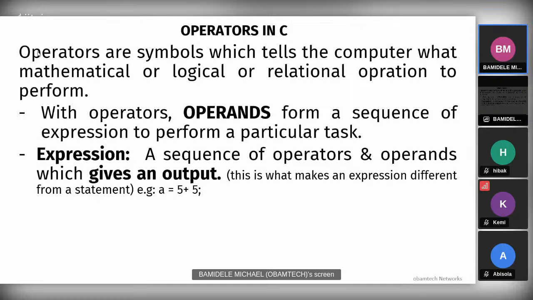With operators, operands form a sequence of expression to perform a particular task. So, firstly, let me break it down. Operators are symbols that tell the computer to perform a logical, mathematical, or relational operation.